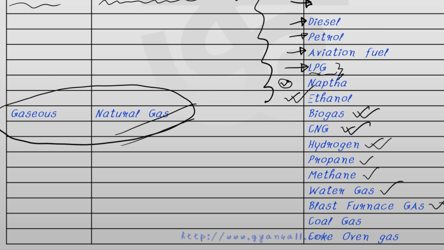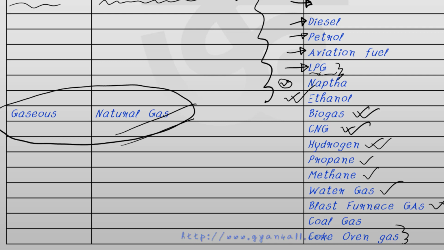Then there is coal gas. It's a mixture of hydrogen, methane and carbon monoxide. Similarly, there is coke oven gas. This is also a mixture of hydrogen, methane, ethane, and it may also contain benzene, ammonia and sulfur, hydrogen sulfide. These are coke oven gases.